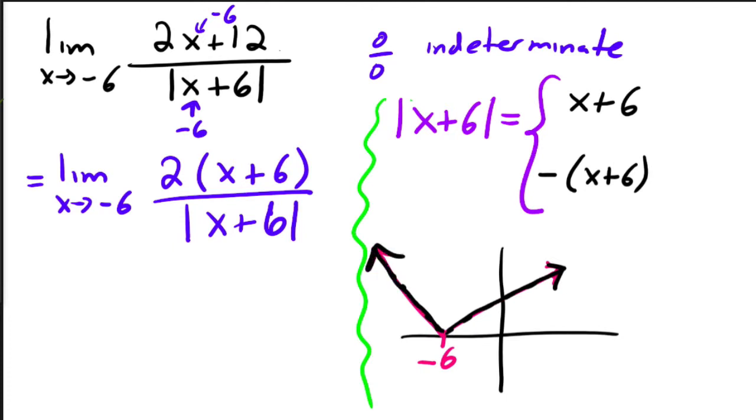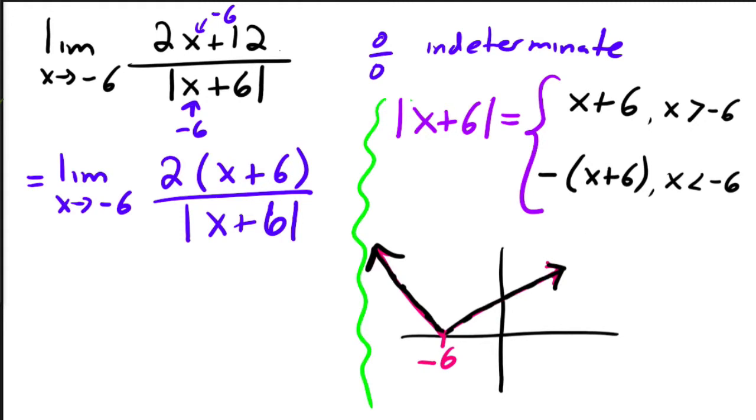Then the question is, well, for what values? Well, from this picture that I drew, you can see that you use positive x plus 6 when x is greater than -6, and use negative x plus 6 for values of x that are less than -6. Now let me just give you a little hint as to how you find that.